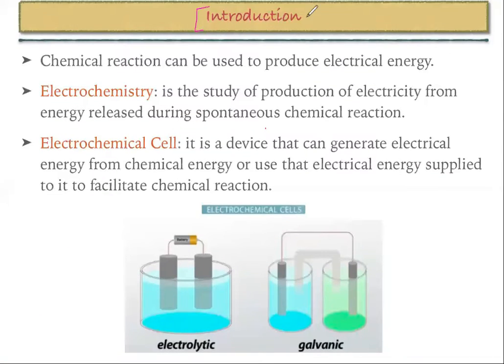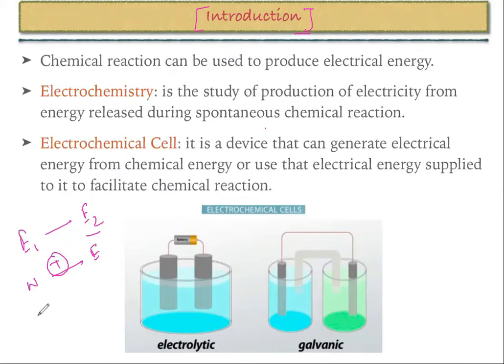Now, introduction to electrochemistry. As we already know, in nature there are various devices available which convert one form of energy to another form of energy. For example, a turbine is an instrument which converts water energy to electrical energy, right? Or take an electrical fan.